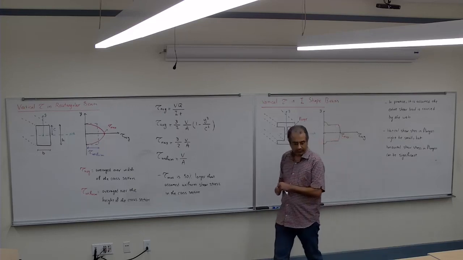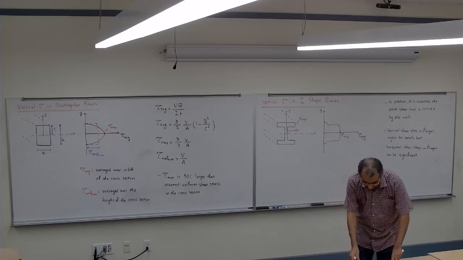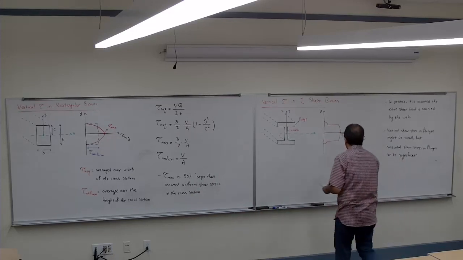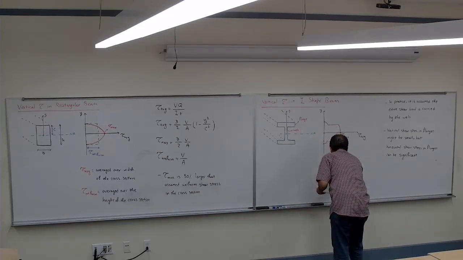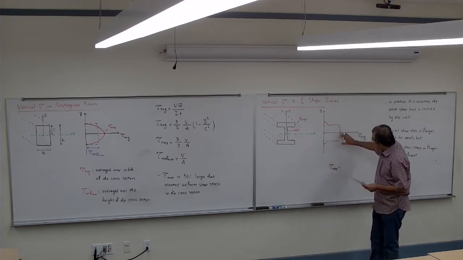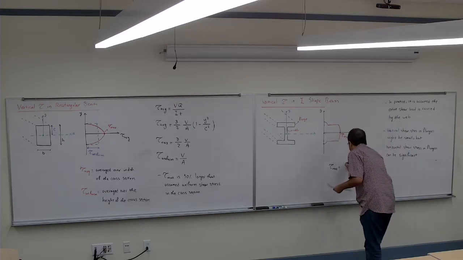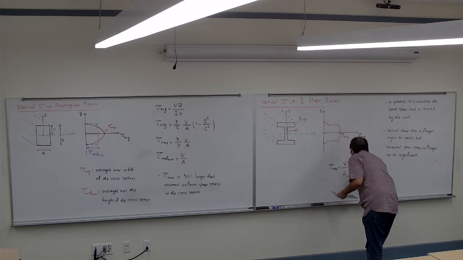Then here we have the tau max. For practical purposes, as I said, in the web the change of shear is relatively uniform. So they usually say tau max is V divided by the area of the web.